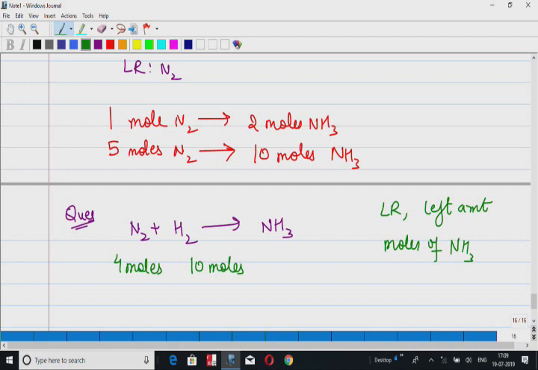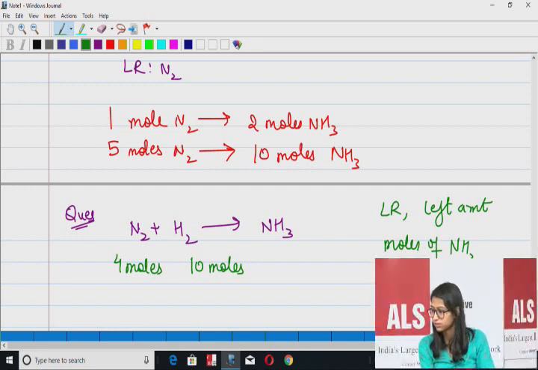Everyone, you got the answer? I got a lot of answers. LR is what? Hydrogen. Tetso College is saying nitrogen. Kohima is saying, Satna Center is saying hydrogen. Kohima, what is your answer?